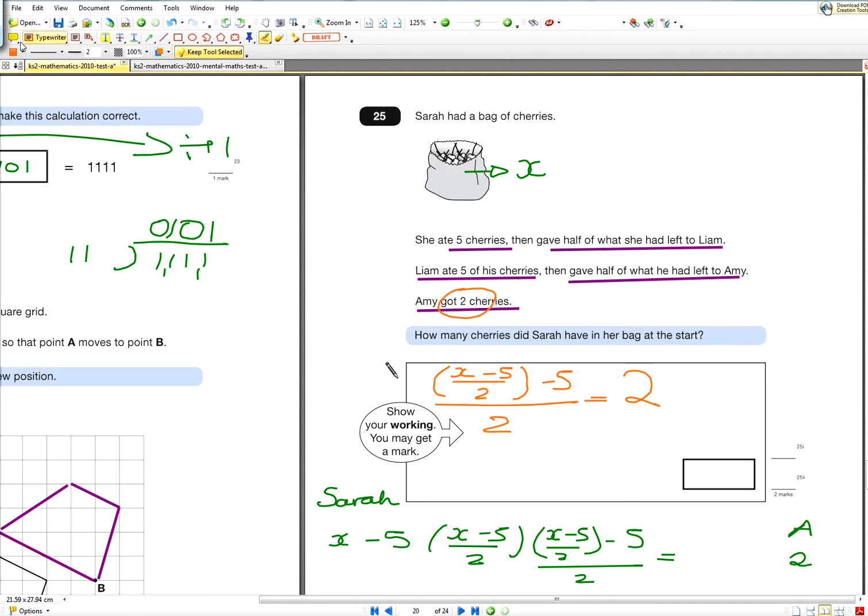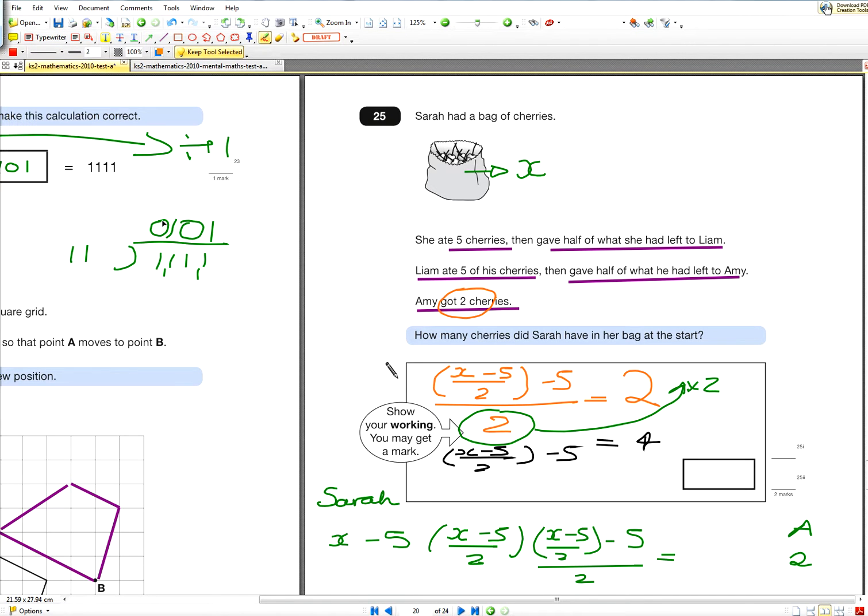Yeah. Now we need to start reversing the procedure. Reversing this formula. So opposite of divide by 2 is? Times by 2. So 2 times by 2 is? 4. Let's put 4. Okay, the next one.